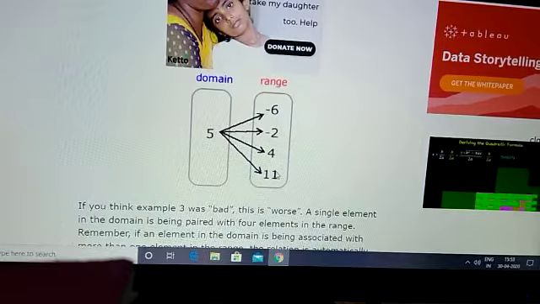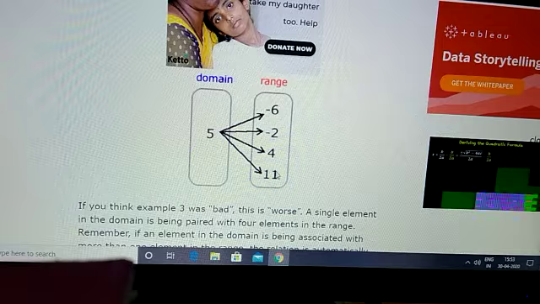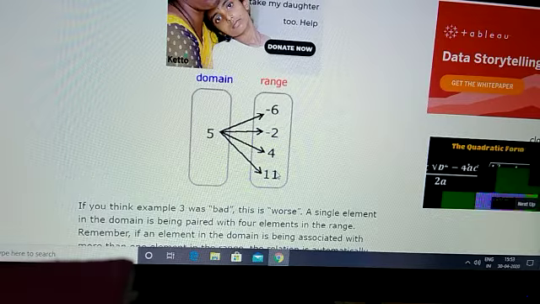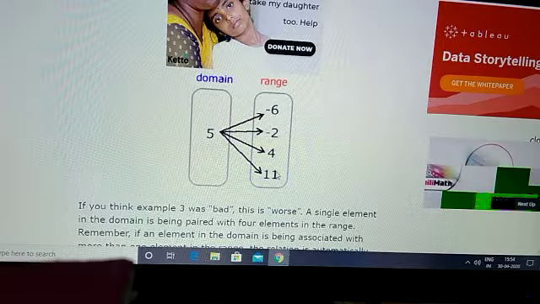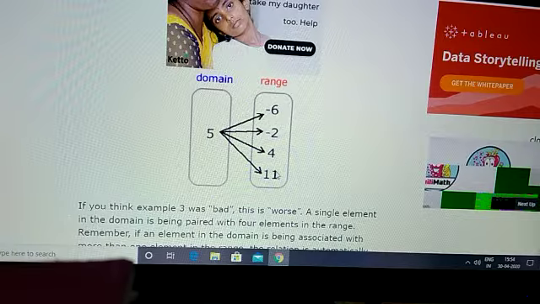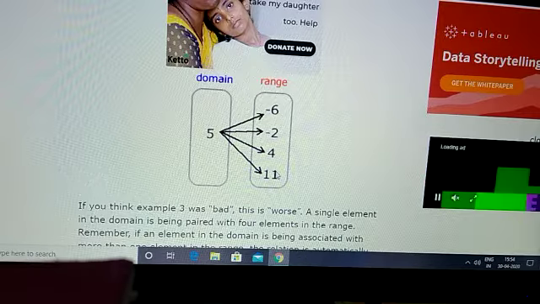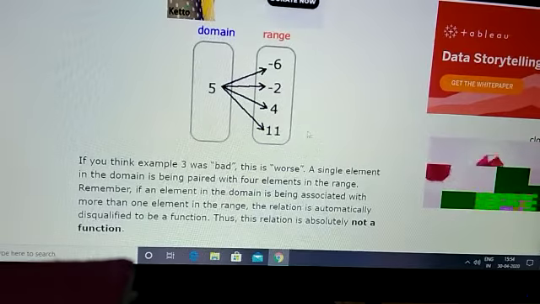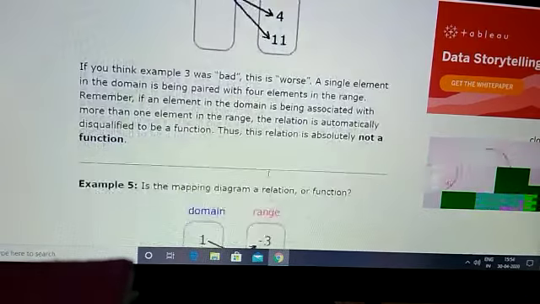In a real example, a man is allowed to marry only a single woman; if he has two wives, or more than two wives, it's not a function. This is also a very good example that it is not a function.